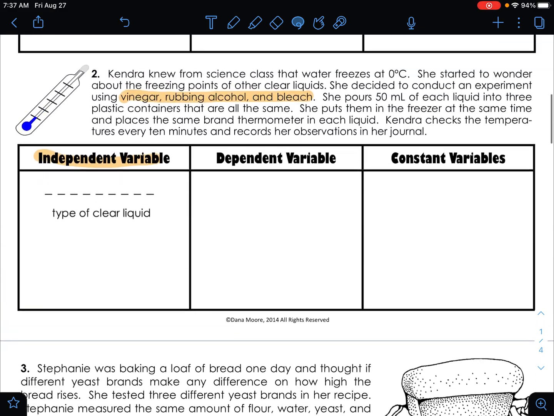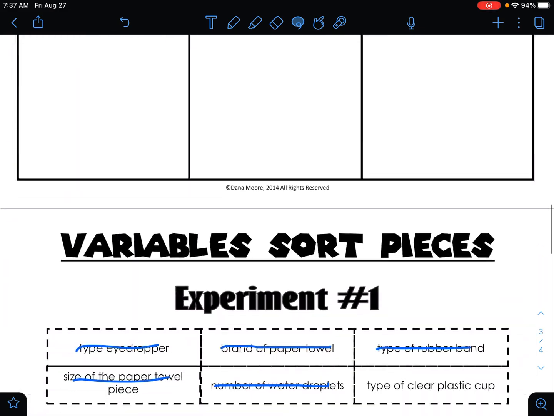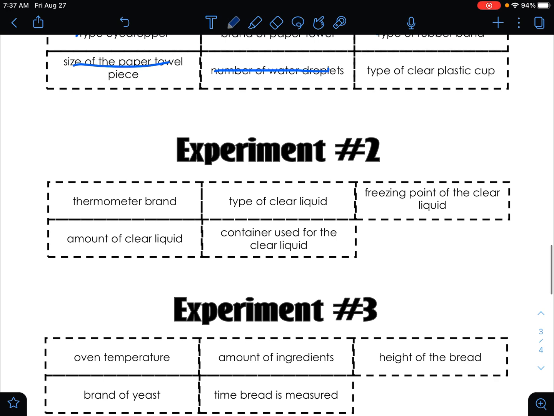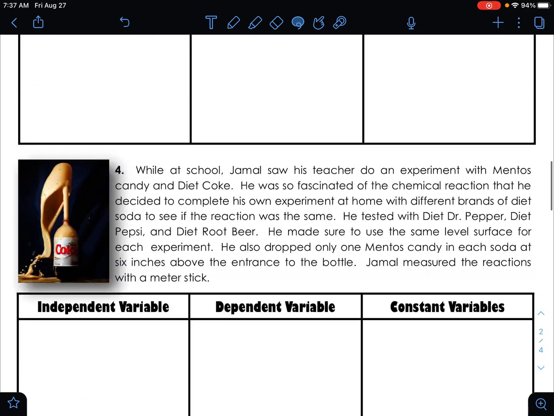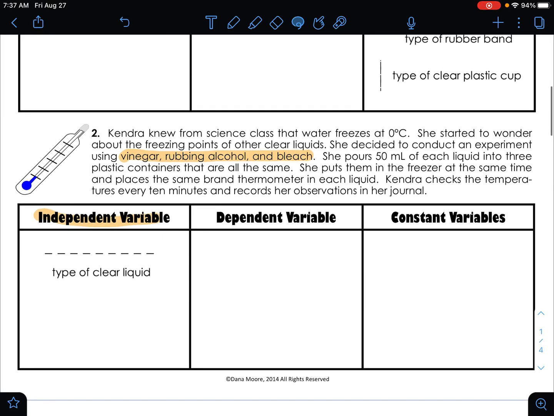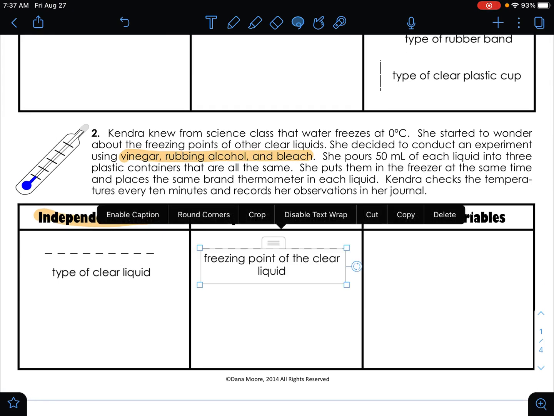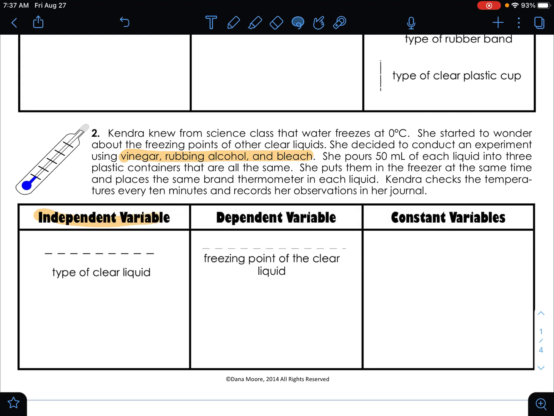All right, so then what is she going to measure? What does she want to measure? She wants to measure the freezing point of those clear liquids, because she learned that the freezing temperature of water is 0 degrees Celsius.